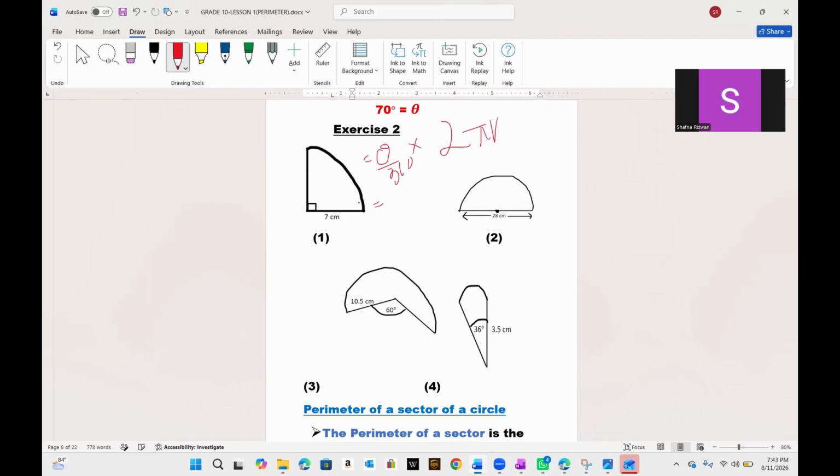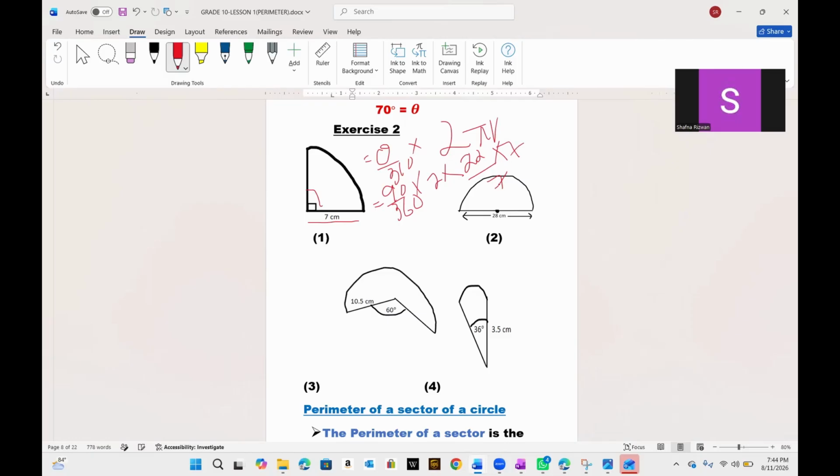So theta is how much? It's 90 degrees. So 90 over 360 degrees into 2 into pi, which is 22 over 7, multiplied by r. How much is r they have given here? 7.